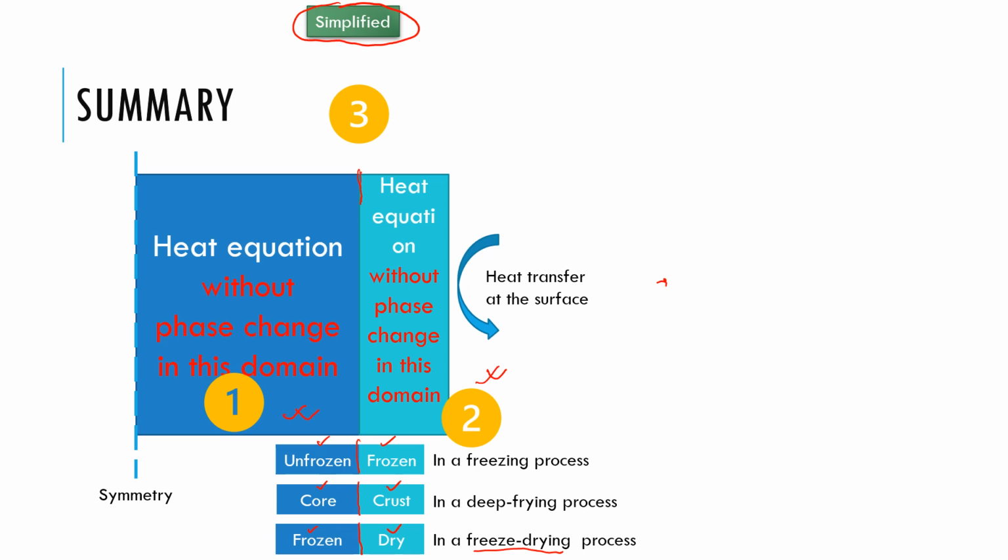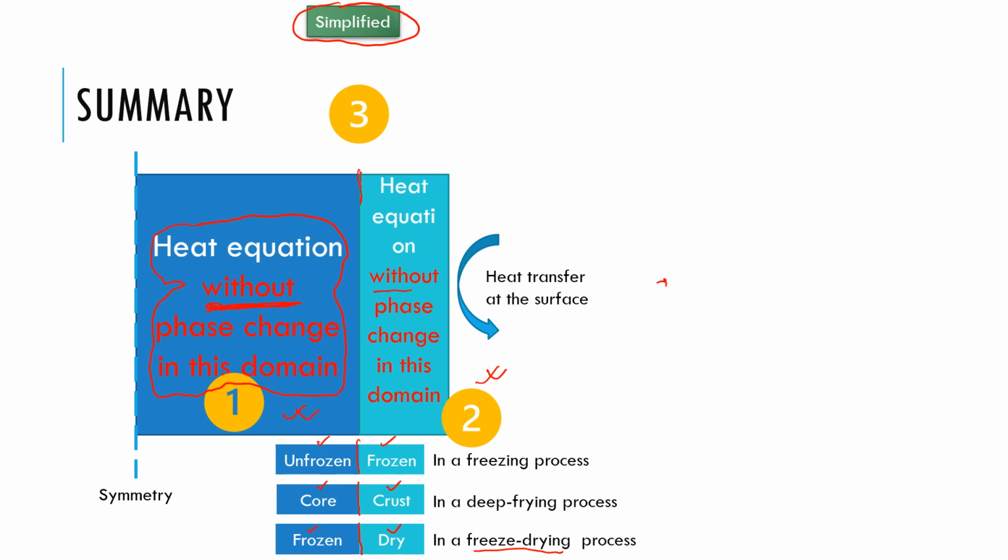So in this framework, we have these two regions, and then how do we do this problem? In each region, we use the normal heat equation. So you use a heat equation without phase change.